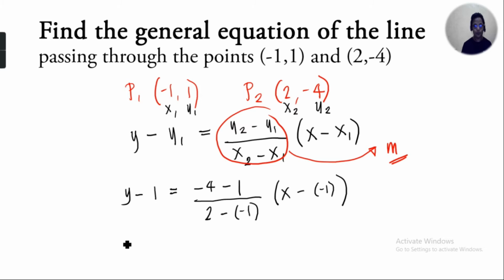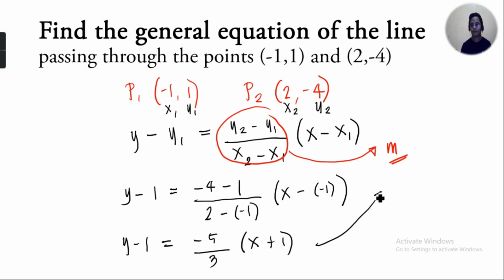Then, we have y minus 1 is equal to negative 4 minus negative 1 is negative 5 all over 2 minus negative 1, so magiging 2 plus 1 na po siya, kaya magiging 3 times the quantity of x. Then, negative times negative 1 is positive 1 na po. Then, simplify po natin.